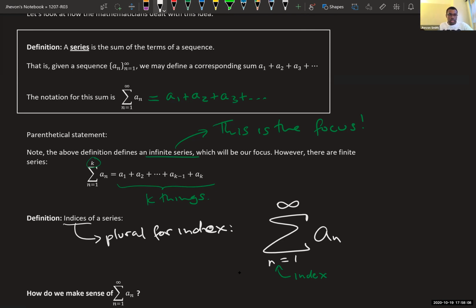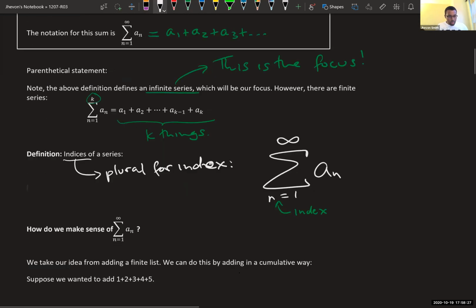Just in case you hear that phrase somewhere, or I mention the index of something, I'm talking about the guy that's keeping count of the people you're adding up. So n here is keeping a count of the people who we want to add. In this case, it's saying we want to add all people from the first position going on forever.